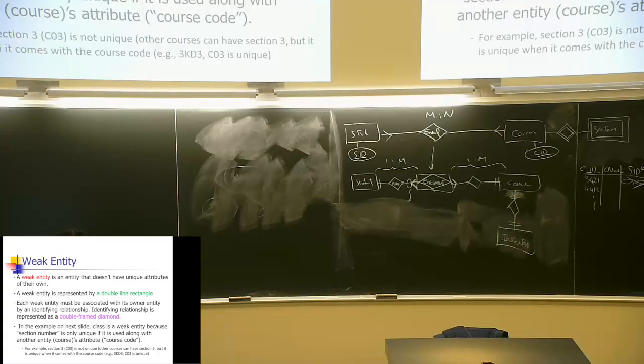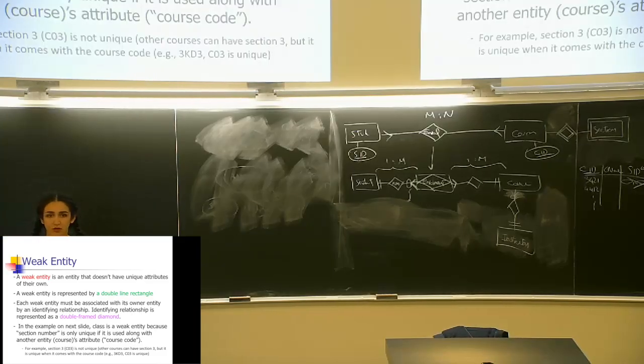In the example on the next slide, class is a weak entity because section number is only unique if it is used along with another entity, like the course attribute, course code. This is similar to what I mentioned here. If you just say section A, B, C, or section M, N, these sections alone do not represent anything.